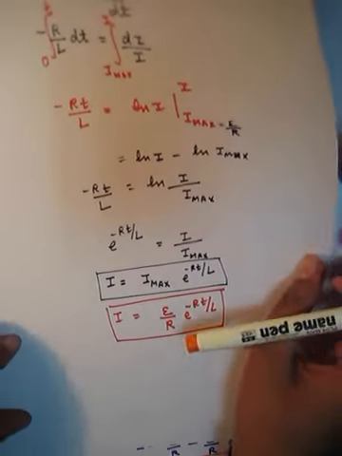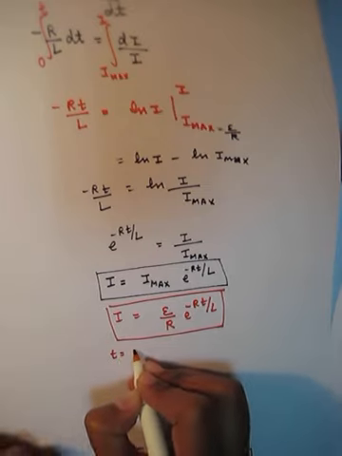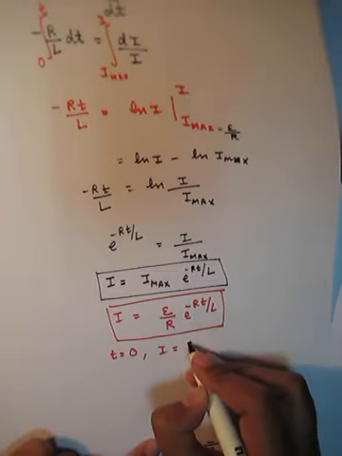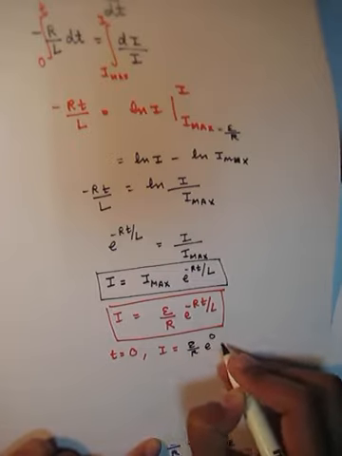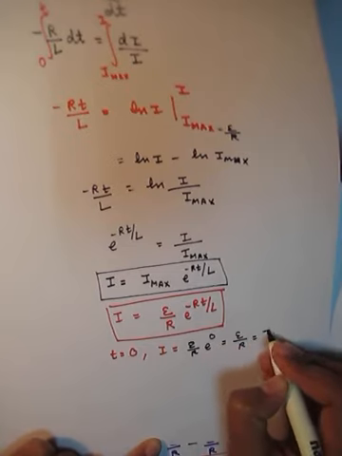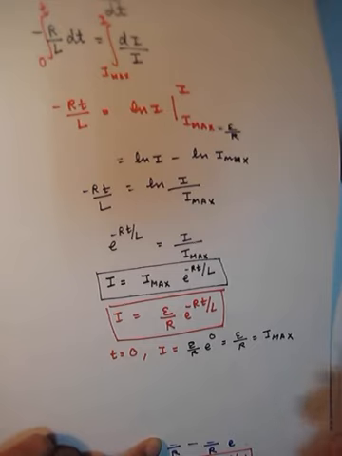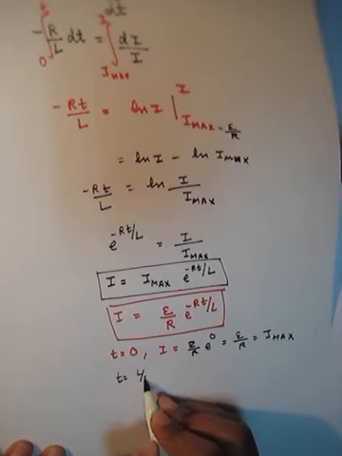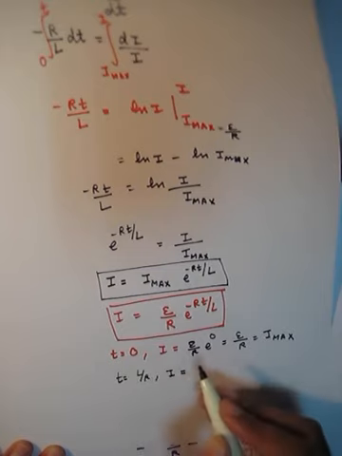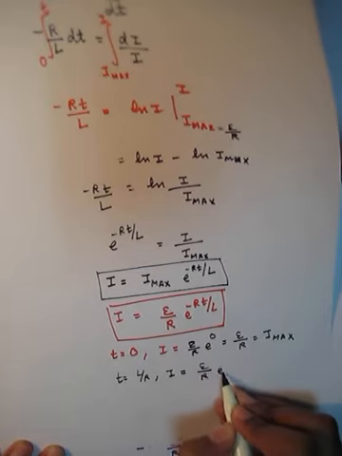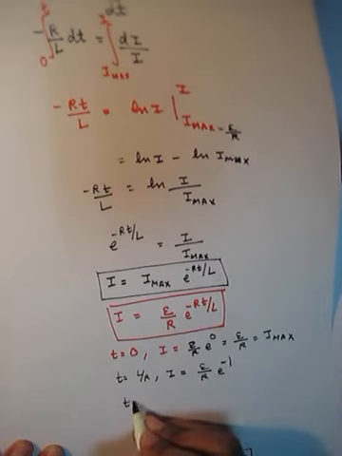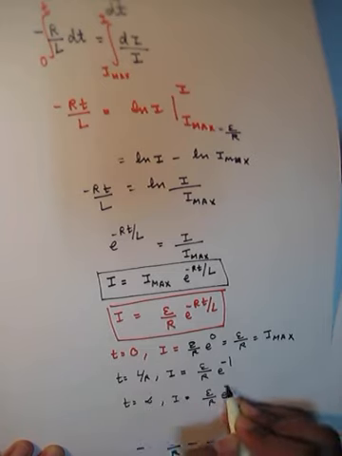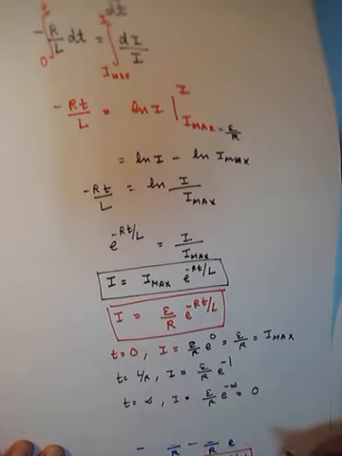Now let's try to find the value of current at different times. If time is 0, current will be epsilon upon R exponential 0, so it will be epsilon upon R, which is the maximum current. So initially the current is maximum. At time equal to L upon R, current will have a value of epsilon upon R exponential minus 1, and at infinite time current will be epsilon upon R exponential minus infinity, which gives 0 current.